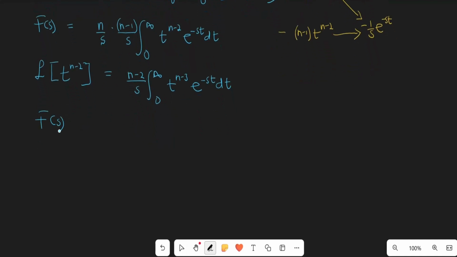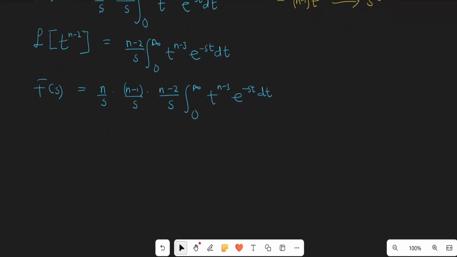So in the end, we have f of s, and this is equal to n over s. This is multiplied by n minus 1 over s, right? And this one is going to multiply by this one, which is the same as n minus 2 over s, and this is multiplied by the integral from 0 to infinity of t raised to the power n minus 3 e raised to the power negative st dt.